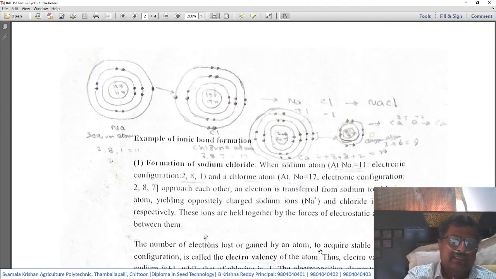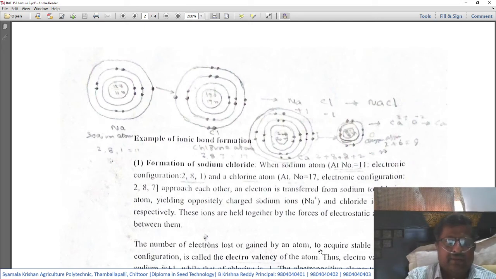You can see this is the sodium atom. In the center is the nucleus, which is a seat for protons, positively charged particles, and also for neutrons, which are neutral in charge. So this nucleus contains protons and neutrons. Next to the nucleus is the innermost orbit.